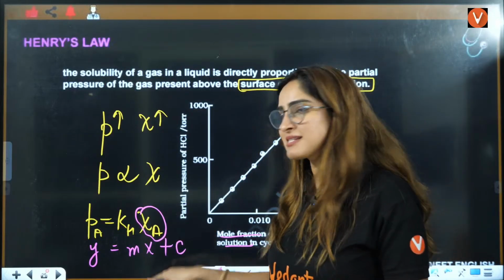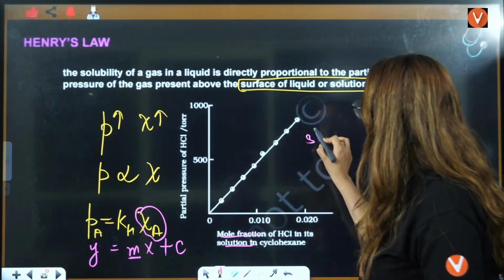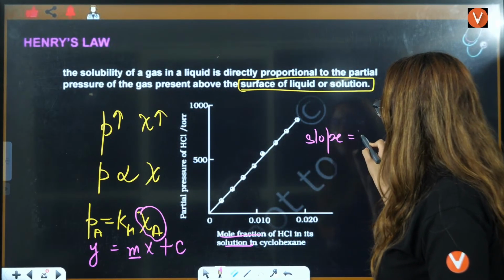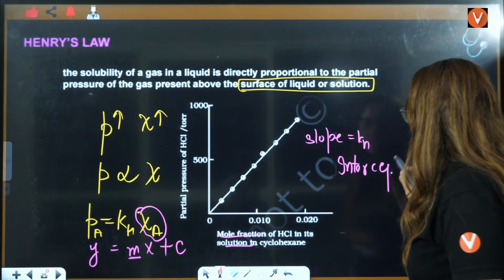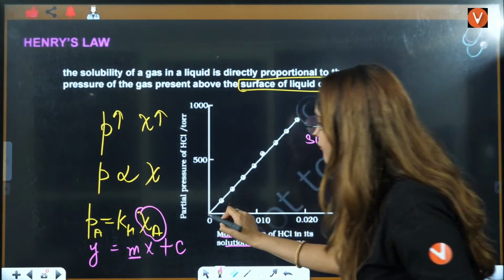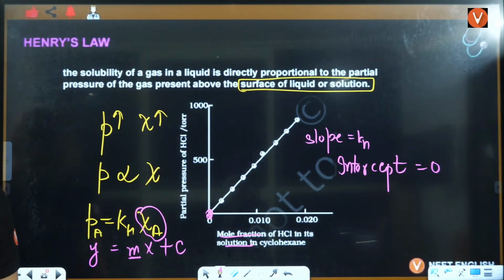Mole fraction is the x-axis, and m is the slope that is coming out to be kH. So slope will be kH, and intercept here is 0. That's why this graph is starting from origin, right? Any problem till here, students?